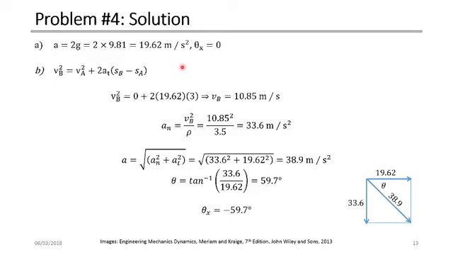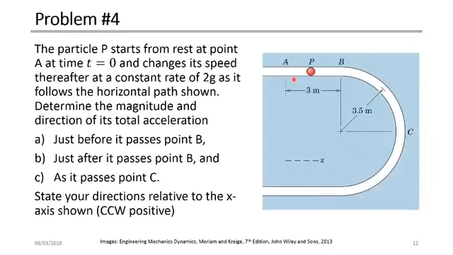So between point A and point B, we consider that this is just rectilinear motion. So it moves in a straight line. But when it reaches here and follows this curve, we can use the normal-tangential coordinate system to study the particle motion along this curve.